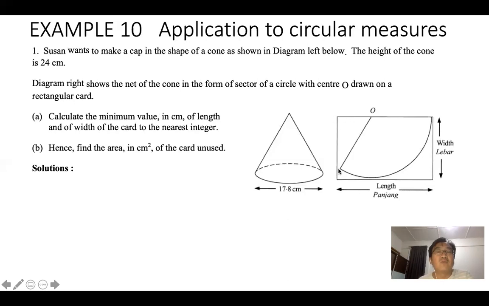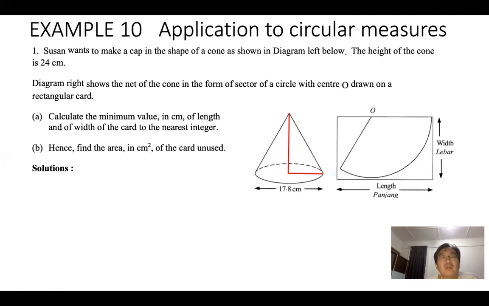So you want to make this cone, so you must make sure what is the minimum width and length. The paper may not be A4 size, we don't know what size this is. So we need to determine it so that we can make a cone with 24 centimeter height and 17.8 centimeter in diameter. So let's see how to solve.